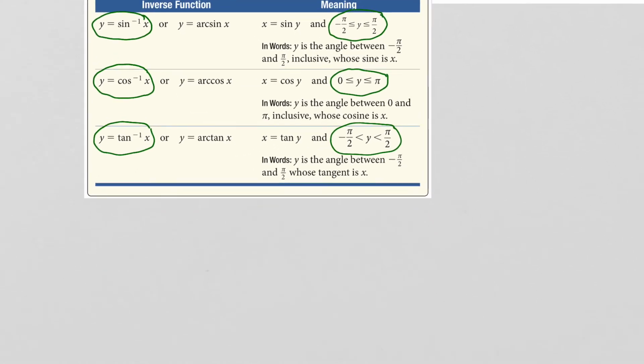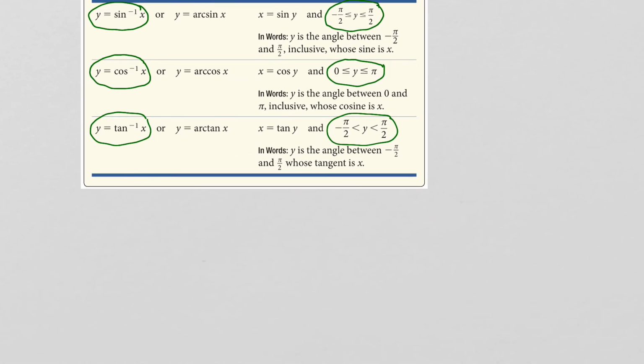And so to help you understand this on a very fundamental level, let me write down a very simple equation. You know that the sine of 30 degrees is equal to 1/2. This is something that we learned long ago. In radians, this means the sine of pi over 6 is equal to 1/2.